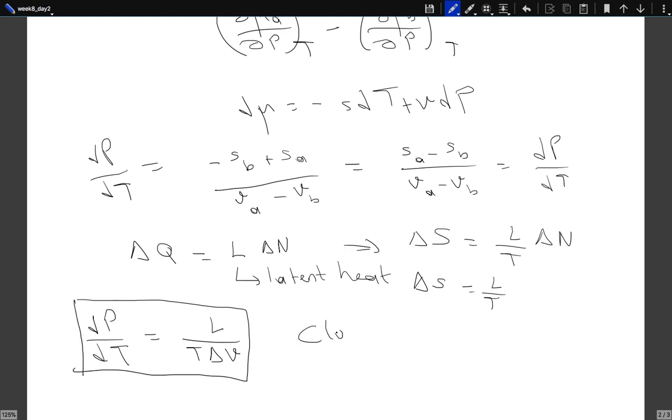This is what's called the Clausius-Clapeyron equation.